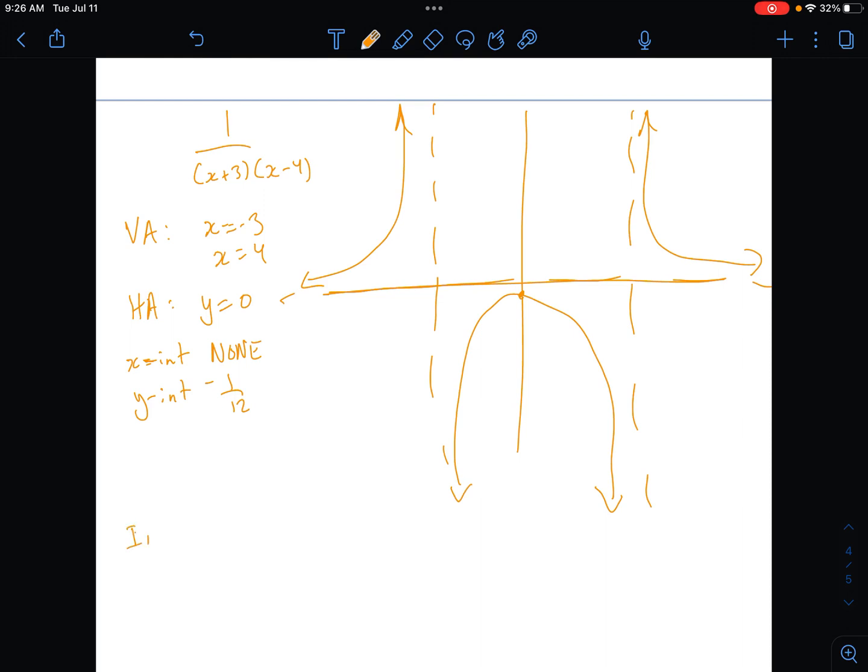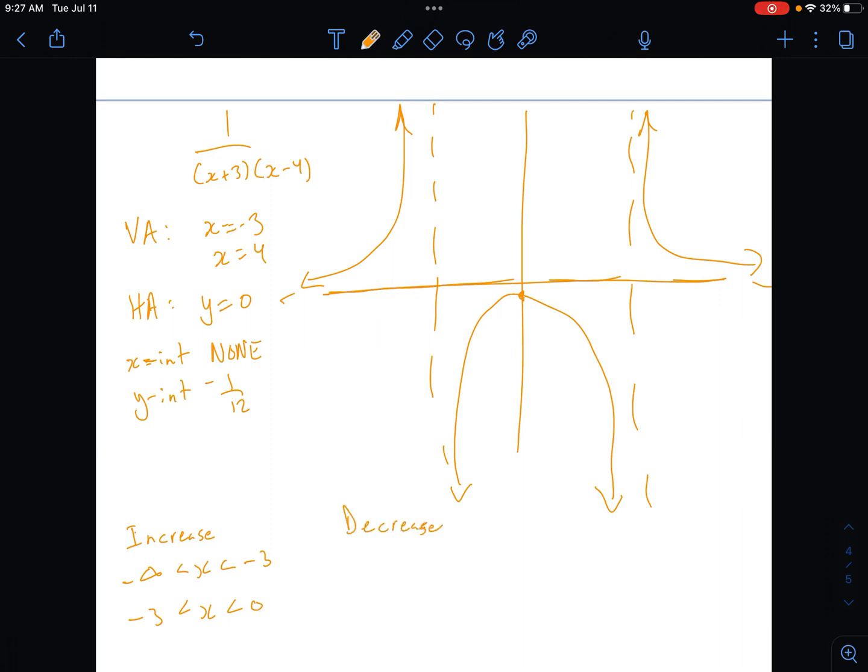So if we look at my intervals of increase, it's from negative infinity all the way to that negative 3, and negative 3 all the way to 0. Because right now we're going to say it's right at this y-intercept, and then it comes back down.